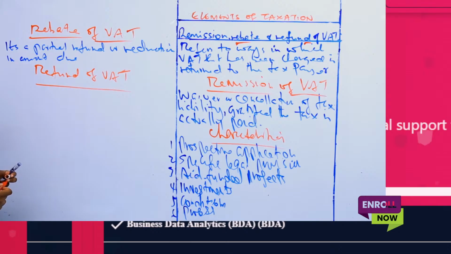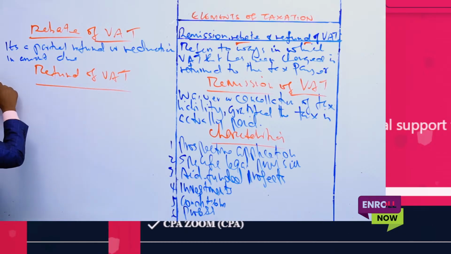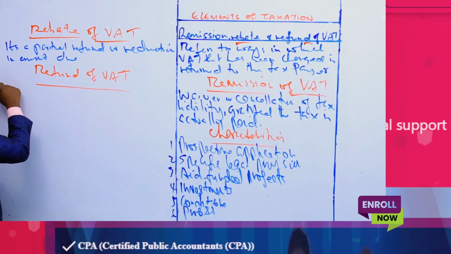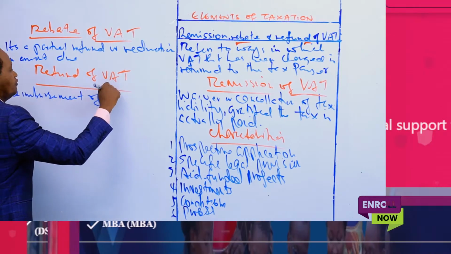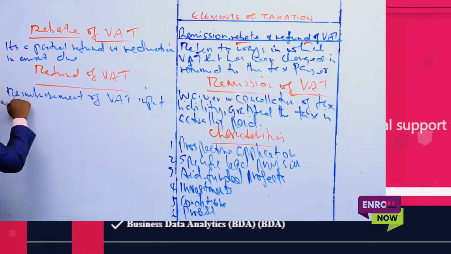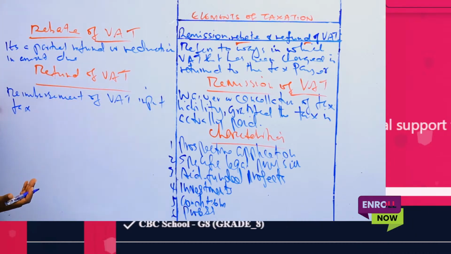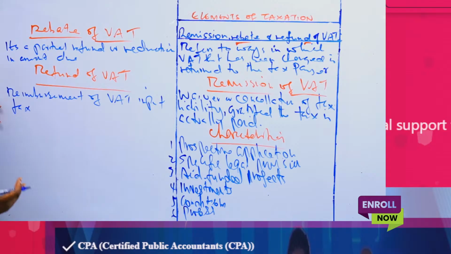A VAT refund is the reimbursement of excess input tax. It is the reimbursement of VAT input tax. To refund is to reimburse a tax paid in error to a VAT registered person by KRA.